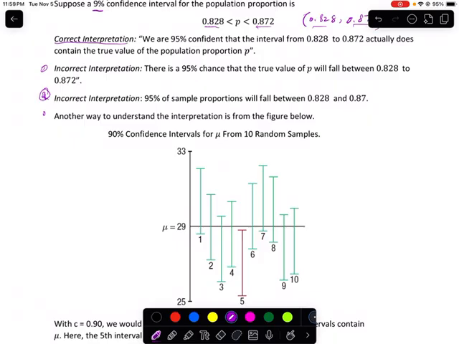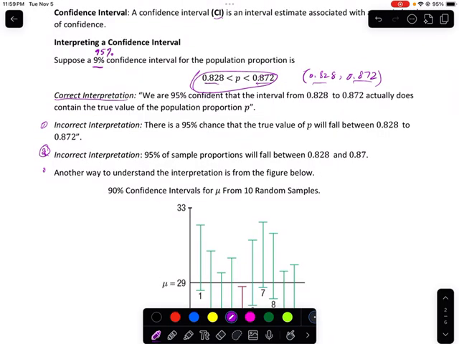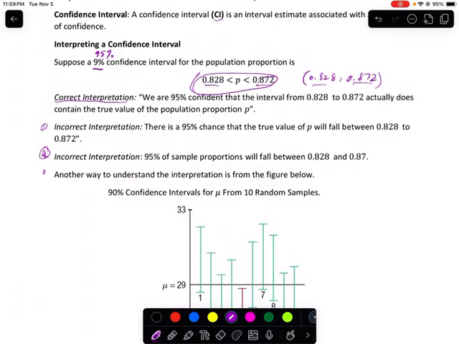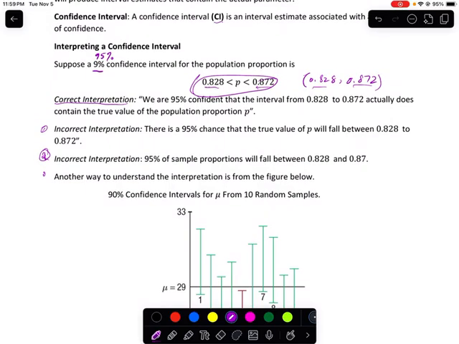If we find that our interval is this one, then we can say we are 95% confident that the interval from 0.828 to 0.872 actually does contain the true value of the population parameter P, or population proportion P. And if instead of a proportion you have a confidence interval for mu, it could be, for example, 25 < mu < 35.